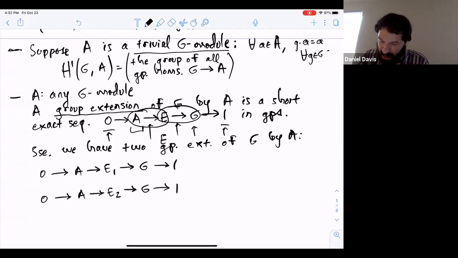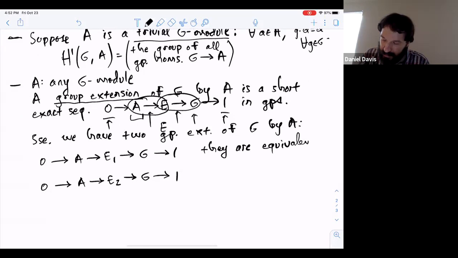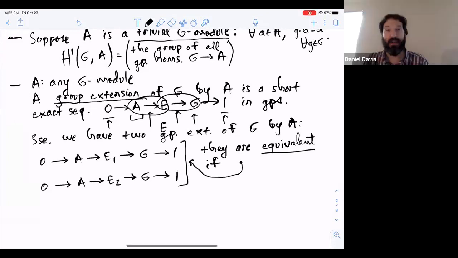Okay, and so these two group extensions are equivalent if we can do the following.